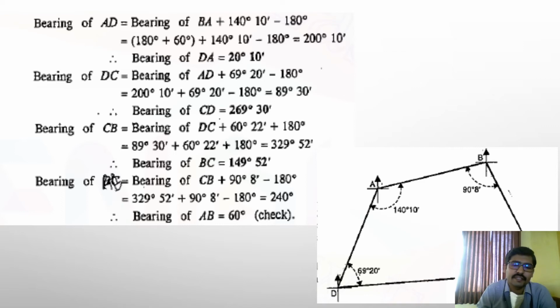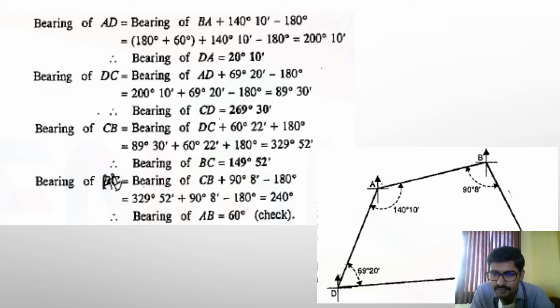If the bearing of line AD is required, then you need the bearing of line DA, right? Let me show you here. So the bearing of line BA, I will show you where exactly that angle is.